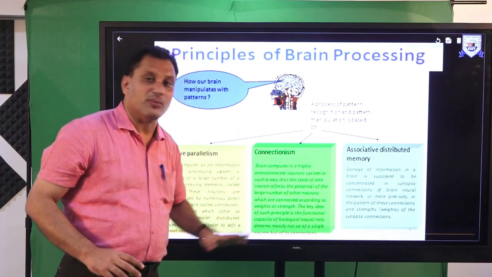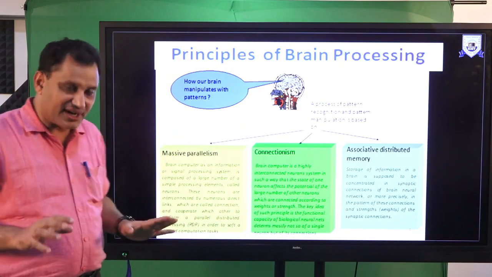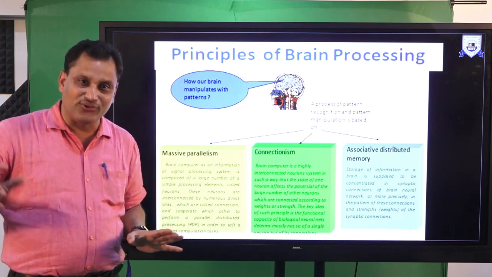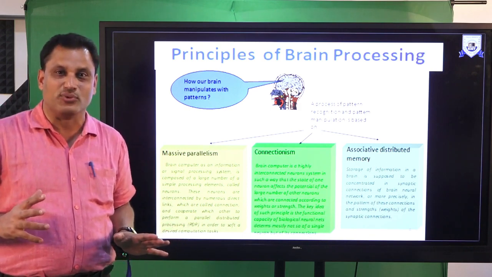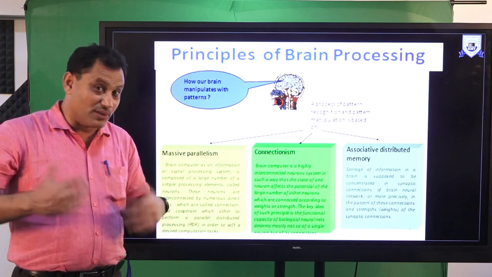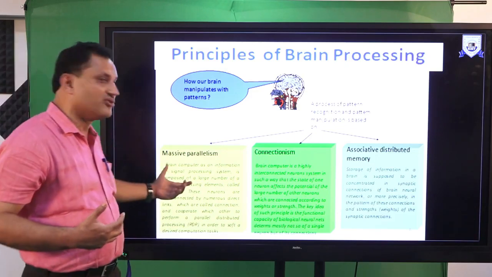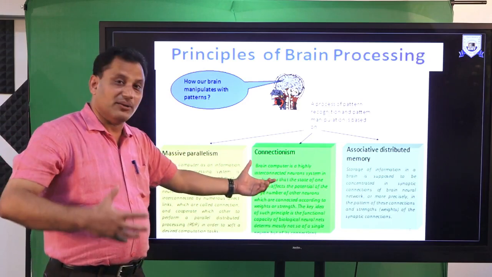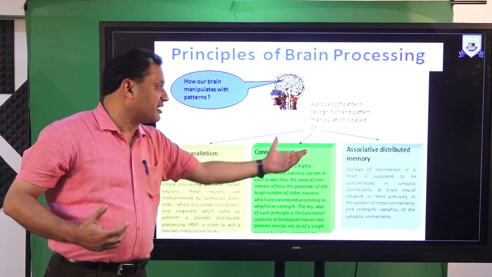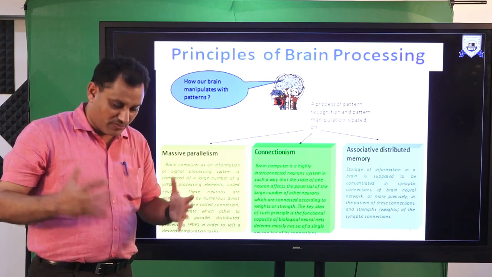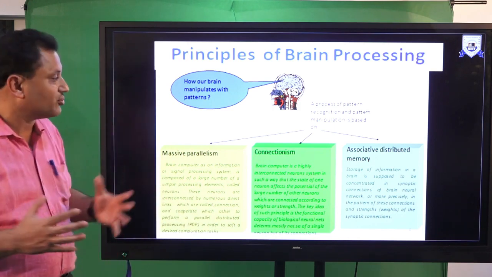Associated distributed memory. It is said that as such there is no secondary memory-like structure in the human brain. So how the brain memorizes is also a very important thing. First, massive parallelism we have discussed. Second, voluminous connectionism. Then associated distributed memory. What is the meaning of associative distributed memory?